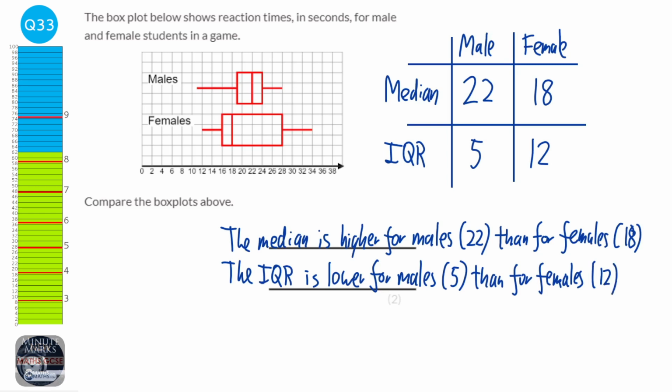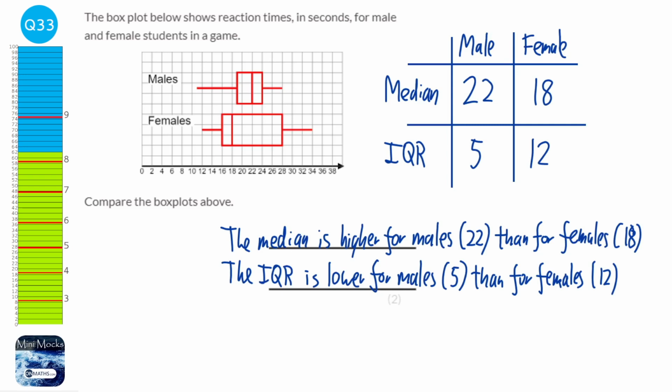Now, the median is basically on average the males are higher. The interquartile range is an interesting one. Anything to do with range is about consistency. So it's actually quite good in many instances to have a lower interquartile range because it shows you're more consistent.